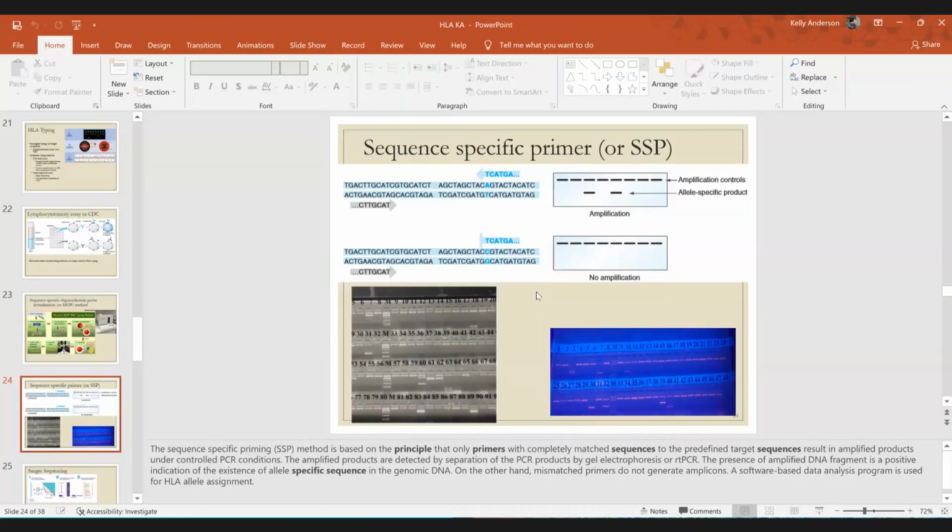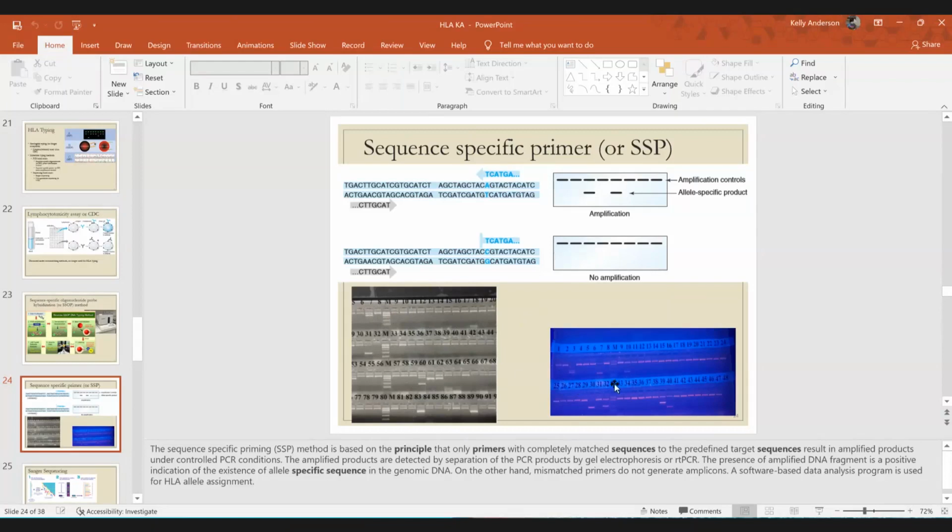And whichever wells are amplified, for each plate, the manufacturer will give you a legend that says, okay, if well 7, 31, and 60 are present, then B27 is present. But it's a combination of which wells are present.